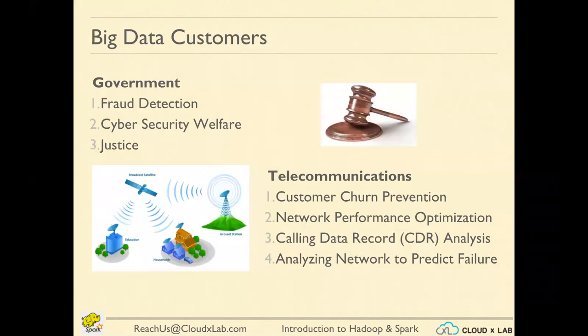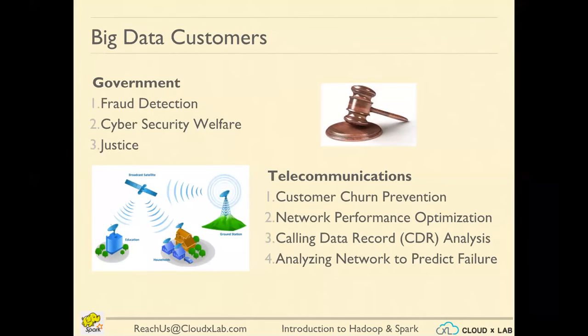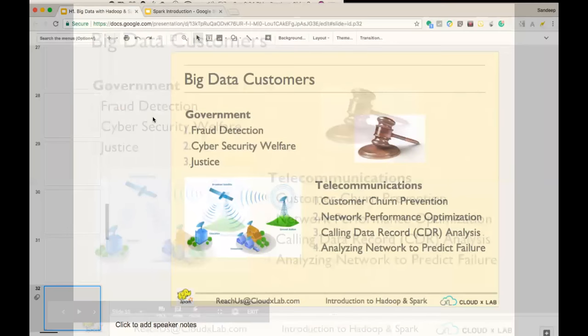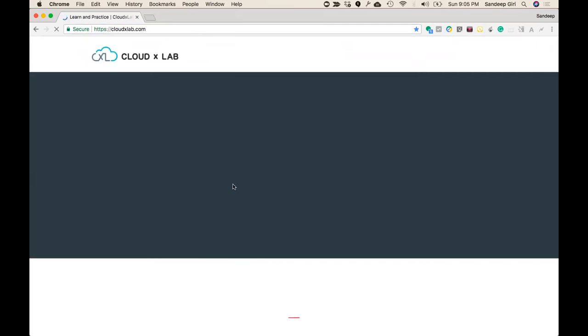If you want to take a look at an example of a real-time system, let me just take a look at this one. I would like to show you an example of the use case.